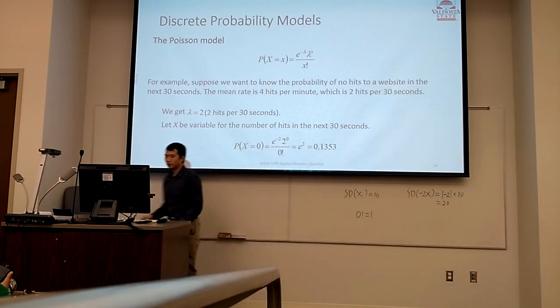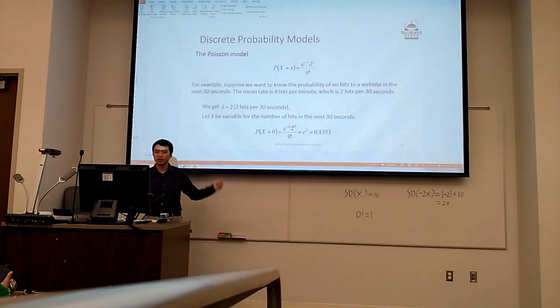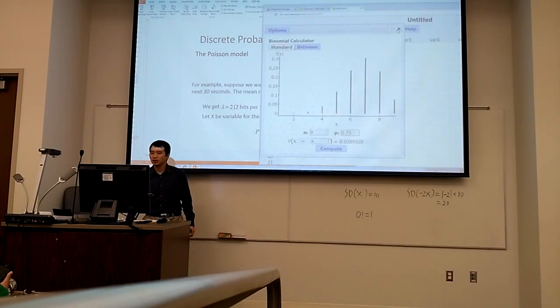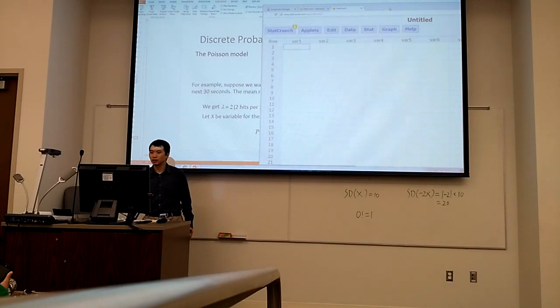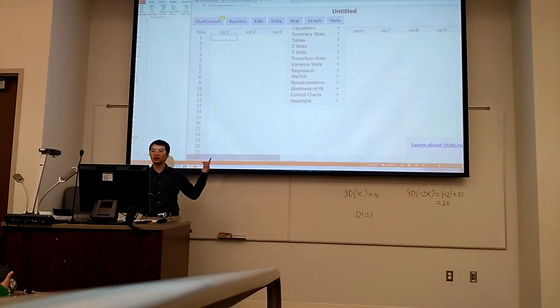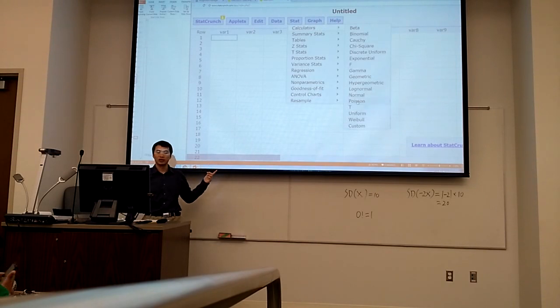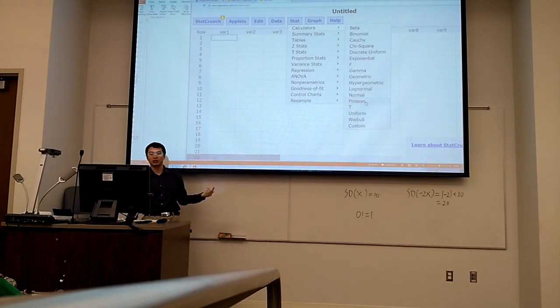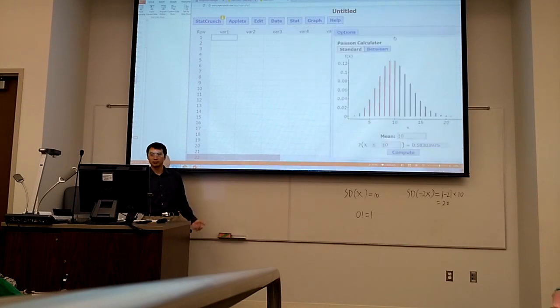So let's close this binomial calculator. And still under the stat calculator, we have this Poisson calculator. Again, all the calculators are under this stat calculator.